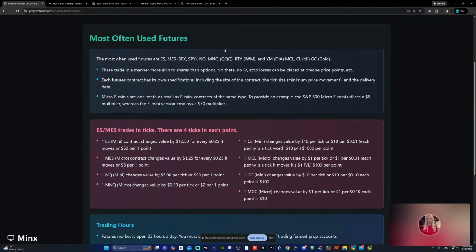Now, futures trade in a manner more akin to shares than options. There's no theta, there's no IV. Stop losses can be placed at precise price points. And each futures contract has its own specification, including the size of the contract, the tick size, which is the minimum price movement, and the delivery date.